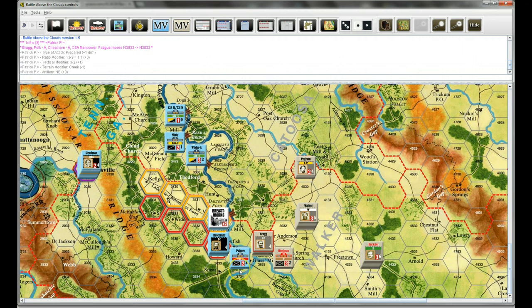But just for this simple attack, we've gone through each of the die roll modifiers. We can see that we have 2 +1s and a -1, giving us a net die roll modifier of just +1 for this attack.